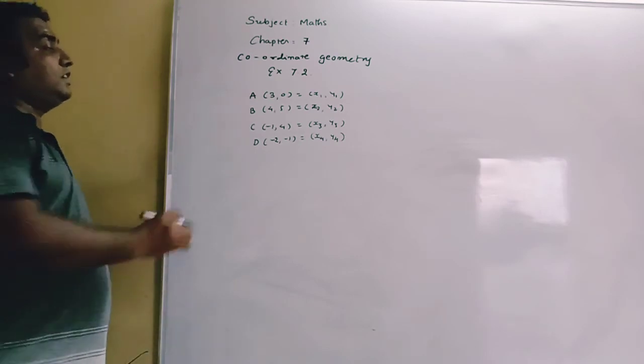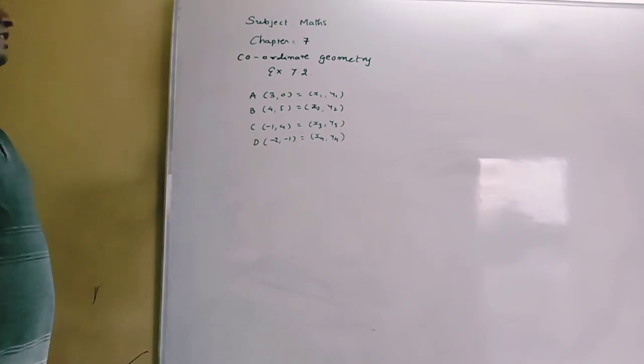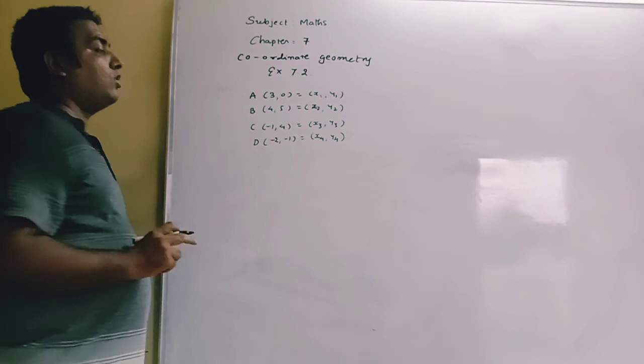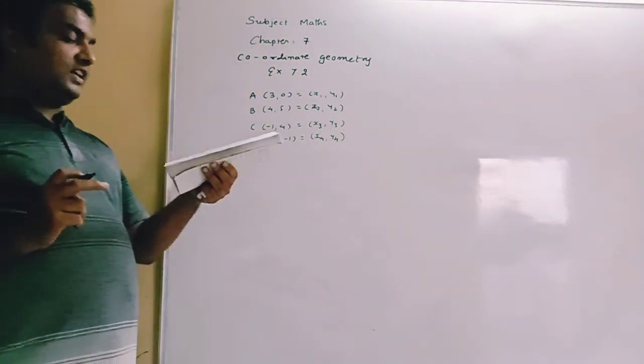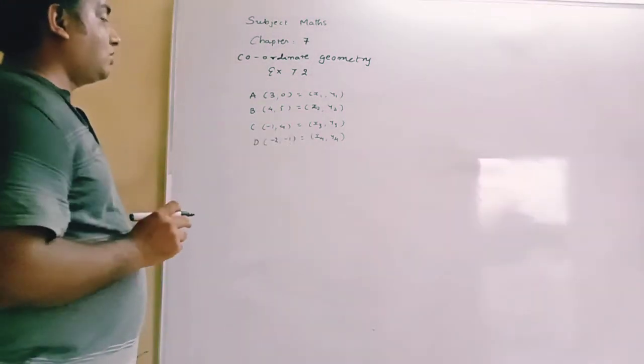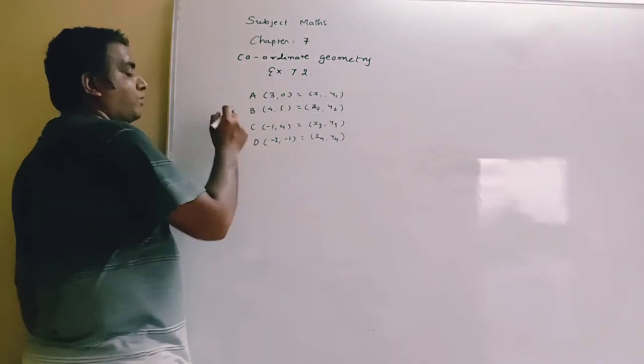So here these 4 points are taken in order. They are the vertices of the rhombus, and so we have to find out the area of the rhombus.